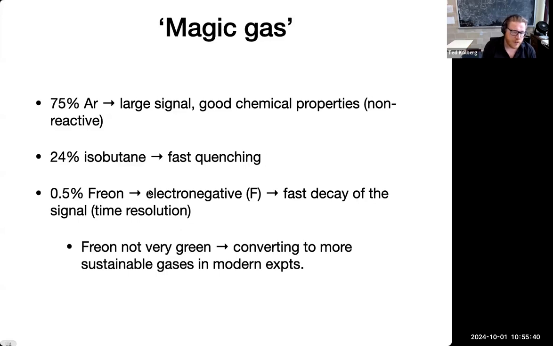And that effect can be further augmented by adding a very small concentration, like 0.5% of Freon, which has some highly electronegative atoms inside and aids in an even faster decay of the signal, which helps with dead time as well as improving the time resolution. Of course, Freon, as I mentioned on the last slide, is not very green due to its effects on the ozone layer. And so experiments over time are converting to more sustainable gas mixtures, which, however, might have other undesirable properties.